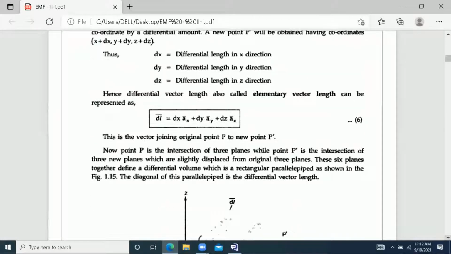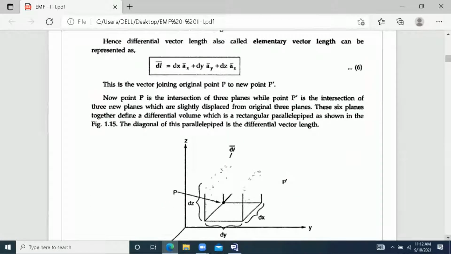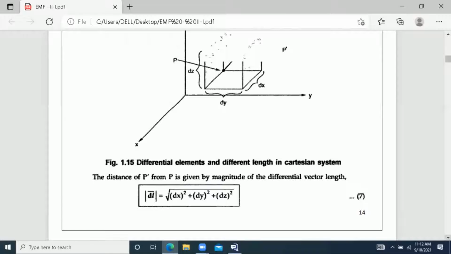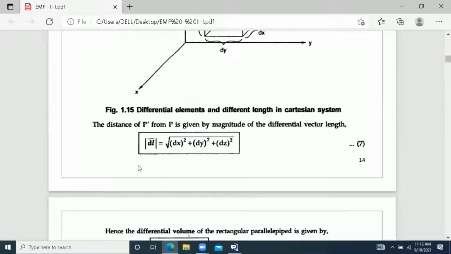Therefore, dl, which is your distance from P to P prime, would be this. That's your absolute distance.